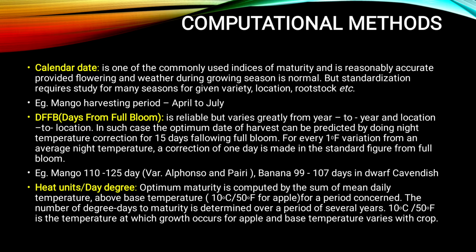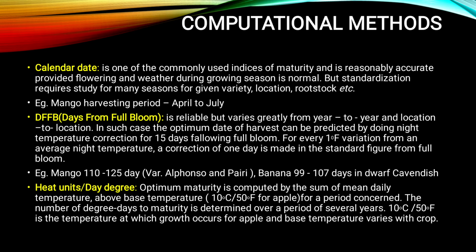The example is mango harvesting period, from April to July. Then DFFP. What is DFFP? That is days from full bloom. It is relatable but varies greatly from year to year and location to location. In such a case, the optimum date of harvest can be predicted by doing night temperature correlation for the 15 days following the full bloom.